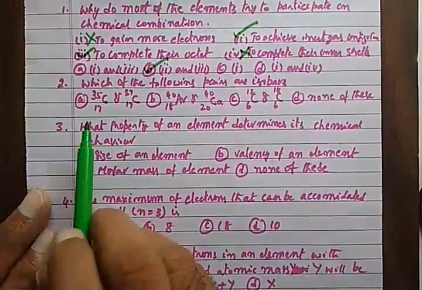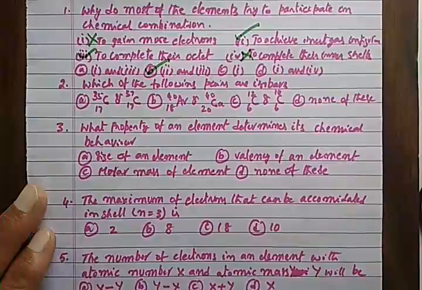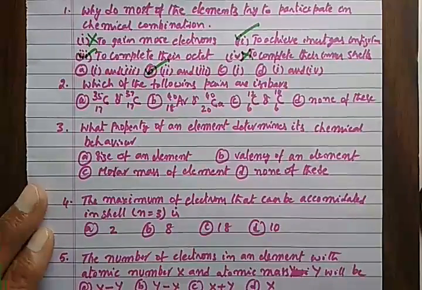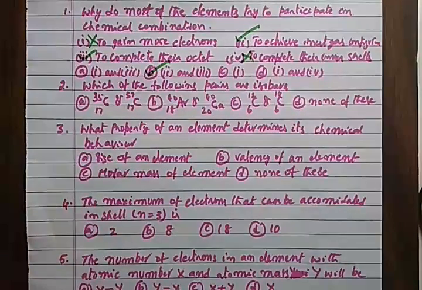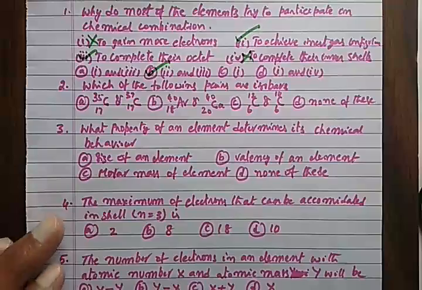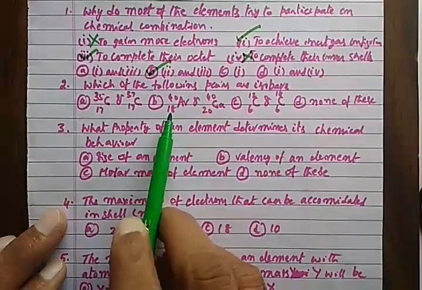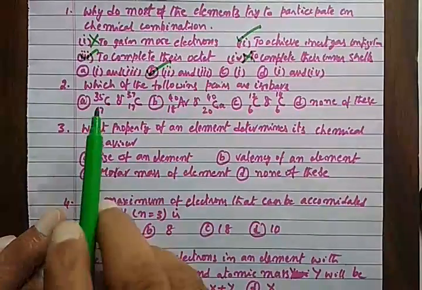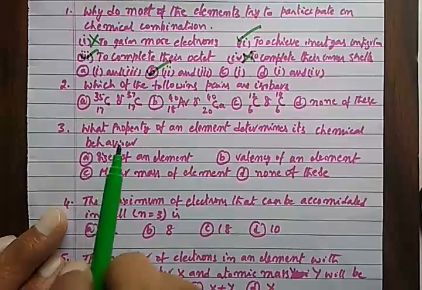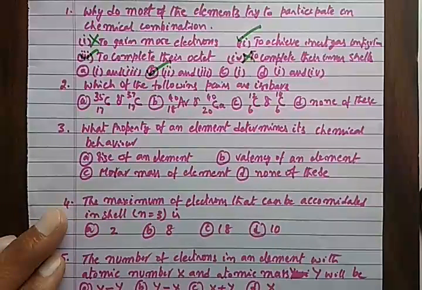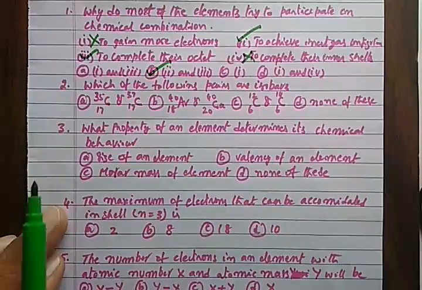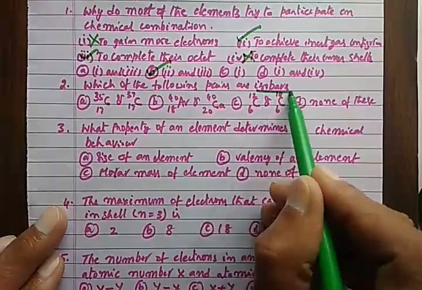Which of the following pairs are isobars? For isobars, atomic mass is the same and atomic number should be different. It cannot be the same. So isobars, remember.